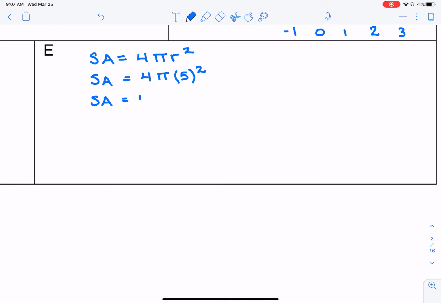And then we know 5 squared is 25. You're going to multiply it by the 4 out front. And so your solution here would be 100 pi. Unit is feet, so it's feet squared because it's surface area. Okay, so that's my solution for question E.